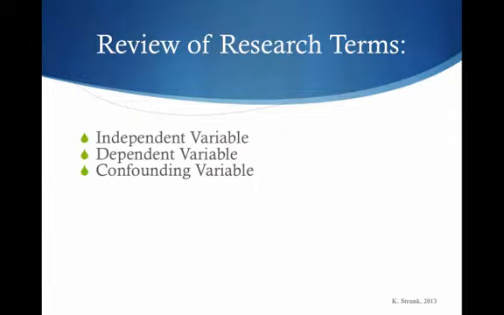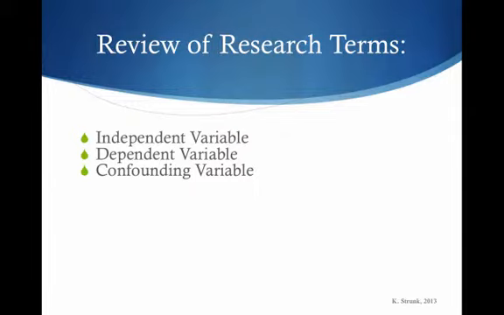So here with the confounding variable, it's a variable that confounds our results, so that probably doesn't help. But it's a variable that is going to have some influence on the outcome, but is not what we're interested in, right? So in other words, it can come in and sort of muddy up the picture a little bit, right?